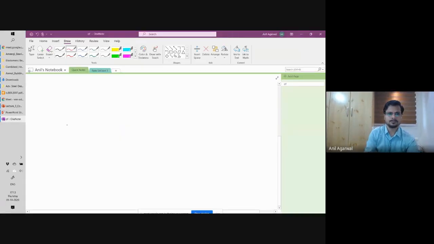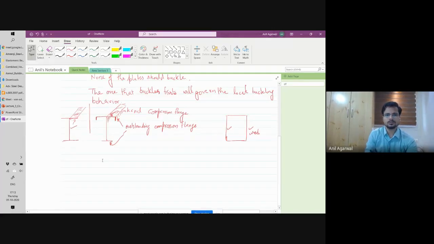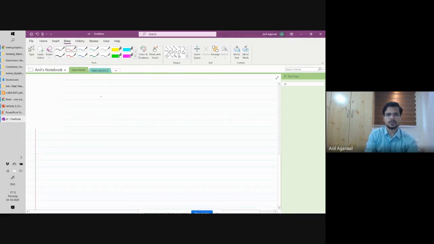So if I have a column which is connected to beams, and of course there are other columns here, I'm just showing them as supports. This intermediate column is the column we are interested in, the column that wants to buckle or is about to buckle.